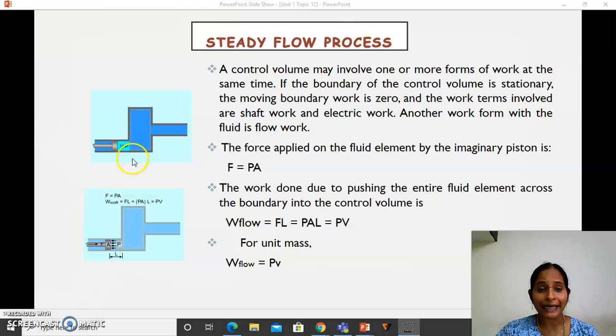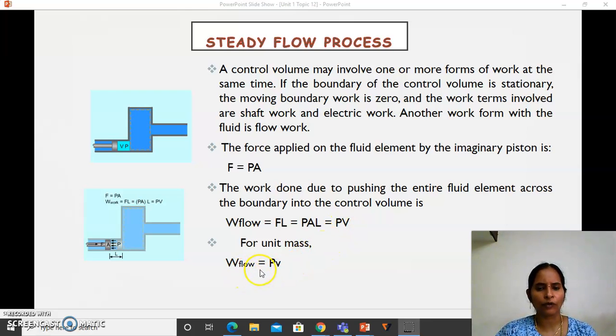How much energy has to be spent to make the fluid enter into the system or leave the system? That is told by this flow energy, which is equal to P into A, nothing but the force required to overcome the pressure, taken by the amount of fluid to cross the particular area over the length L. Then the product becomes PV.